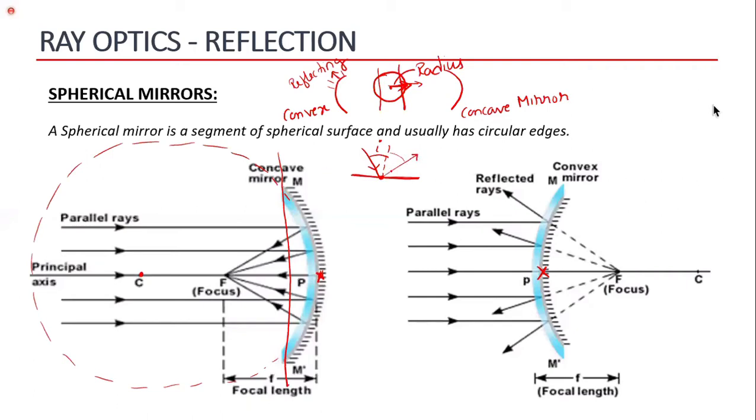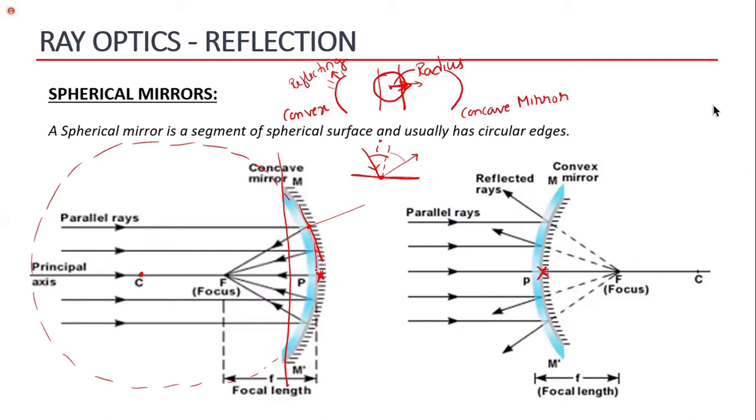This is called as your reflected ray, isn't it? If a parallel ray is coming and hitting at this point, draw a tangent and draw a normal. Understood? Is it clear?